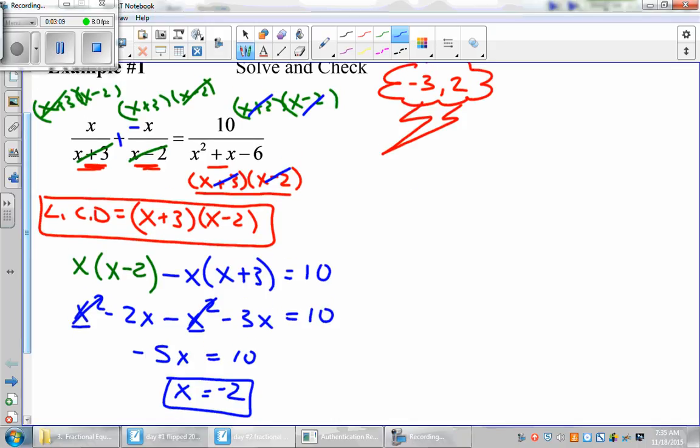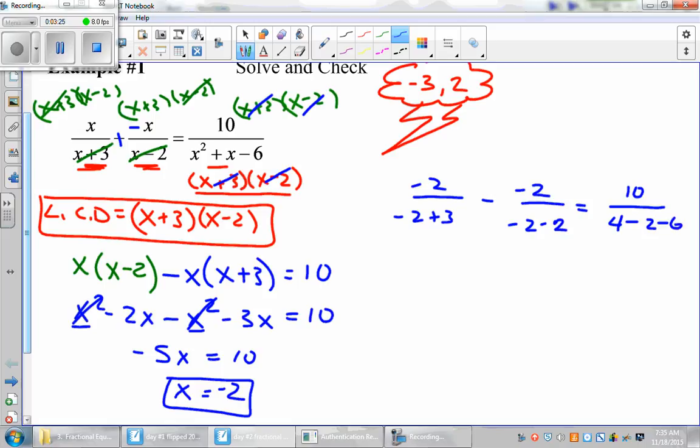Let's just quickly check it. Negative 2 over negative 2 plus 3 minus negative 2 over negative 2 minus 2 equals 10 over 4 minus 2 minus 6. So this first one's going to get us negative 2 minus negative 2 over negative 4, which is 1/2 positive.